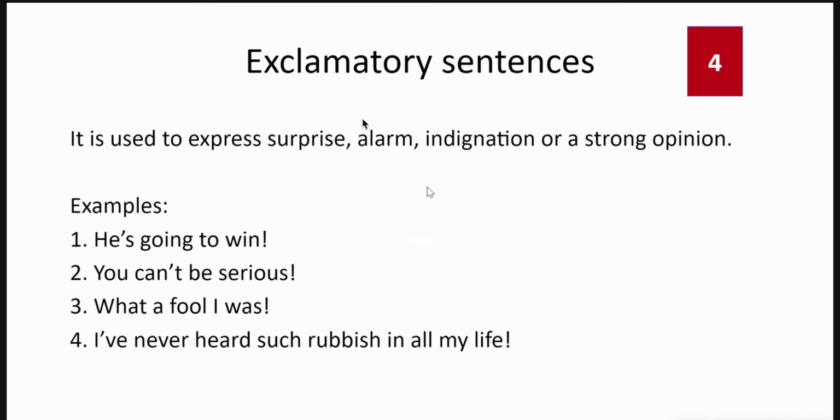It is used to express surprise, alarm, indignation, or a strong opinion. Examples, he's going to win. You can't be serious. What a fool I was. I've never heard such rubbish in all my life. Kalau menggunakan seperti itu, namanya exclamatory sentences. What a beautiful day, juga sama. Jadi nomor 3 bukan pertanyaan, tapi exclamatory sentence.